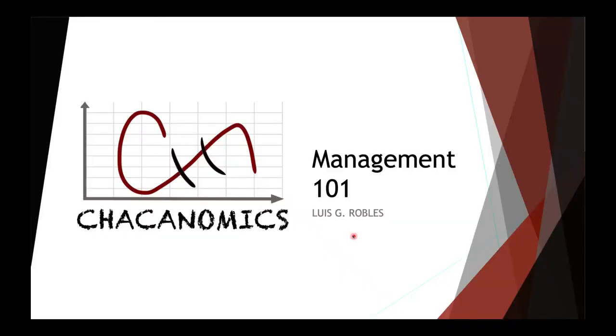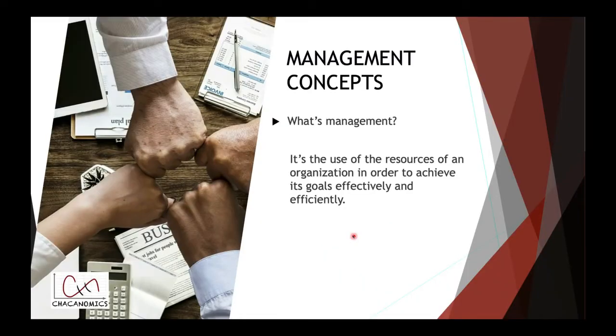So let's talk about management. What's management? Management is the use of the resources of an organization in order to achieve its goals effectively and efficiently. So management in reality is about allocating resources within an organization. These companies have goals and we have to be able to get to them effectively.